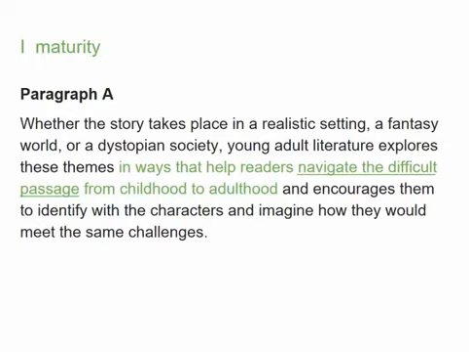Okay, navigate the difficult passage means almost exactly the same thing as negotiate the path. And moving from childhood to adulthood is the same idea as moving towards maturity. Okay, so that's why the idea that we get from the passage is paraphrased nicely in the sentence there in our summary completion question for number 4. Okay, so the answer is maturity.